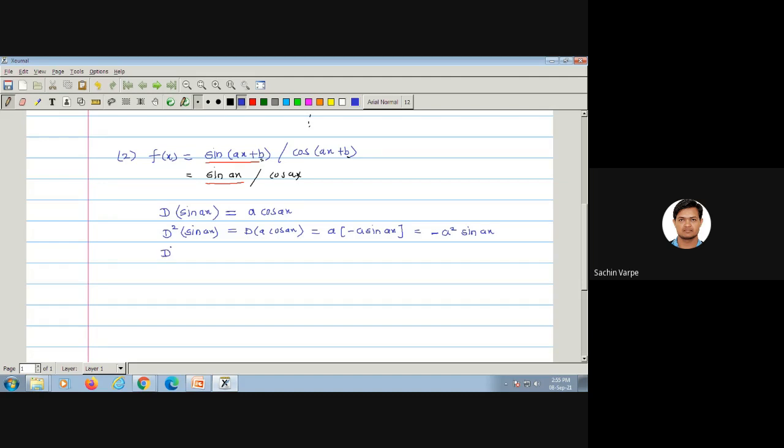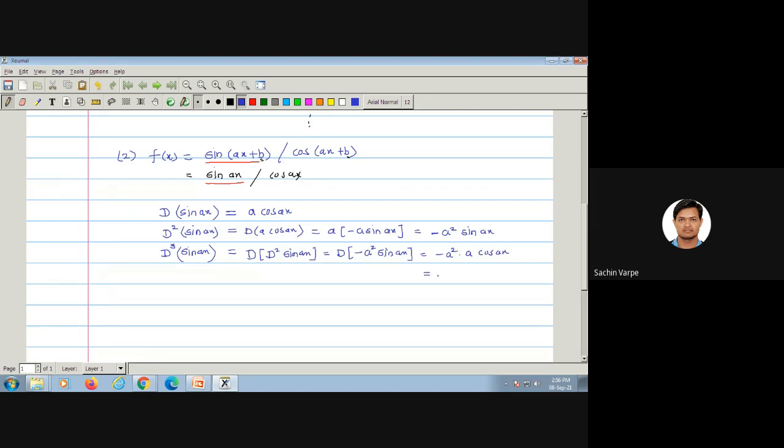Similarly, if I operate one more d, then that will be d cube of sine ax. So what will it be? Can you guess the pattern? It is the derivative of minus a square sine ax, and that is equal to minus a square, if I take it outside, into a times the derivative of sine, which is cos ax, right?